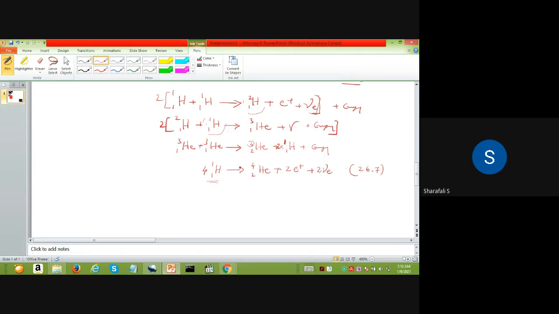Whatever I have used here, I am getting back in this reaction, so there is no loss. And the remaining is 2 protons and 2 protons here, so this is 4 protons in the beginning.